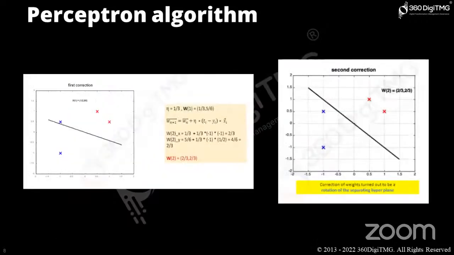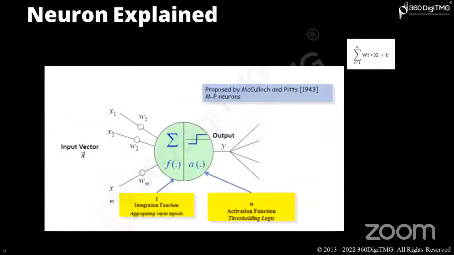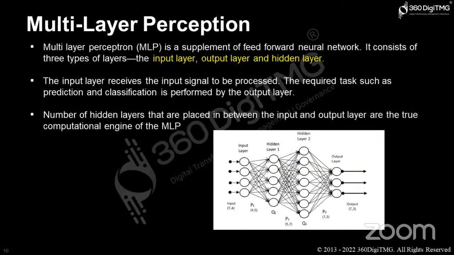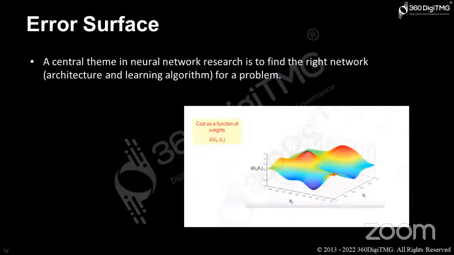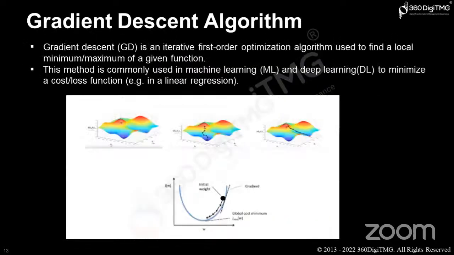We saw all these topics yesterday, including how we deal with the perceptron, what calculations happen in a neuron, and what a multi-layer perceptron, activation function, error surface, and gradient descent algorithm are.